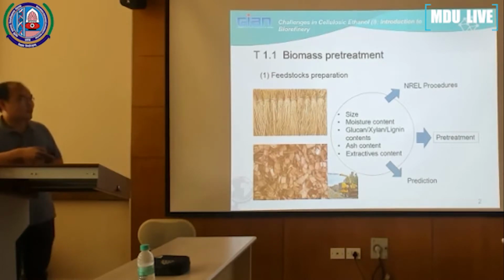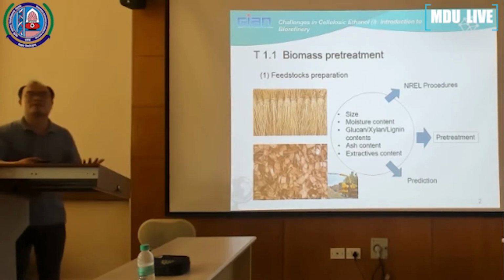Another important parameter we have to know is the glucan, xylan and lignin content, right? The glucan content is a little higher than the cellulose content because there are some glucose units in the hemicellulose components. So we have to test the three major components. How can we do that?